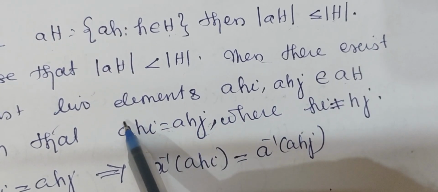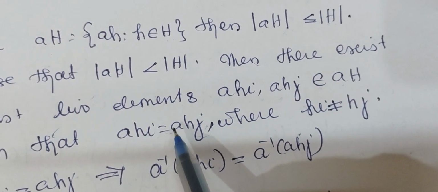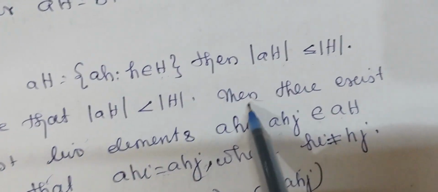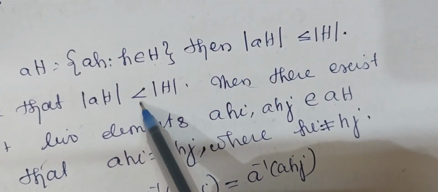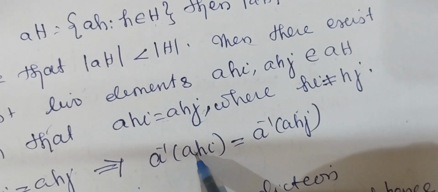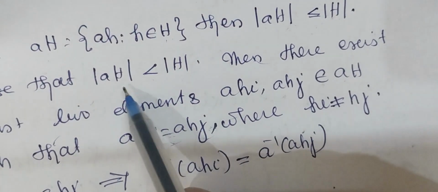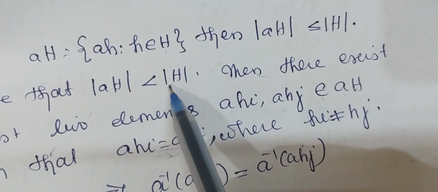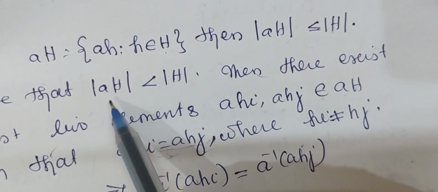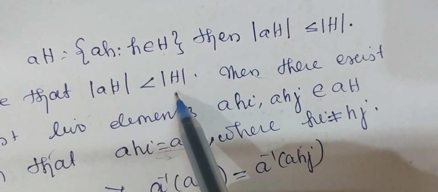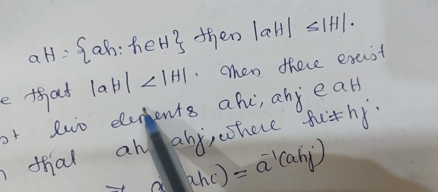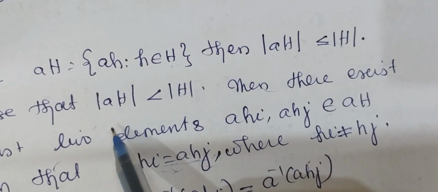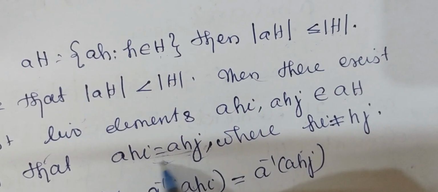In a set we will not count two identical elements. So if it is strictly less than, there will be two identical elements, because aH is what? We take an element a from G and multiply with all the elements, so we can get the same element.